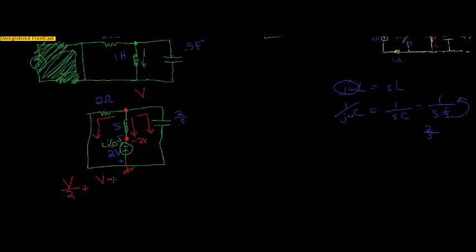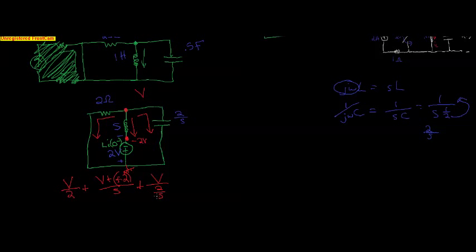So V minus negative 2, divided by s. Two negative signs become a plus, so this is V plus 2 over s. That describes this branch. And the last branch, we've got V over 2 over s.